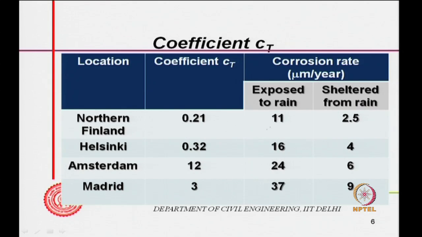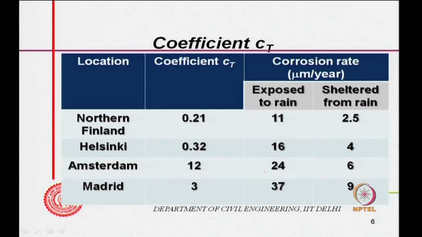Depending upon the temperature, these values change, in case of sheltered or exposed to rain. See, sheltered from rain is this scenario, exposed to rain is this. So, these are empirical relationships, but they give you a kind of guideline or understanding.